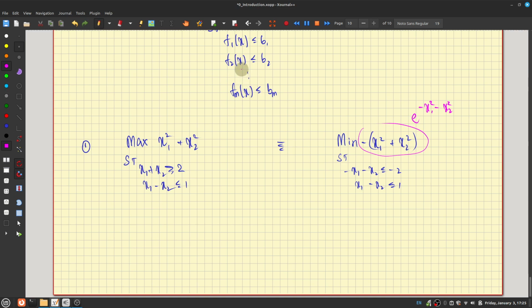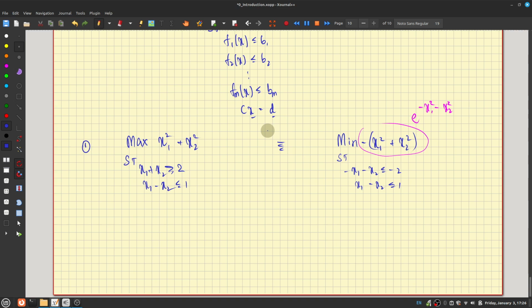Could formulate them as two different inequality constraints, but again, at a later point I'll need another thing. So I'll also allow c times x equal to d.